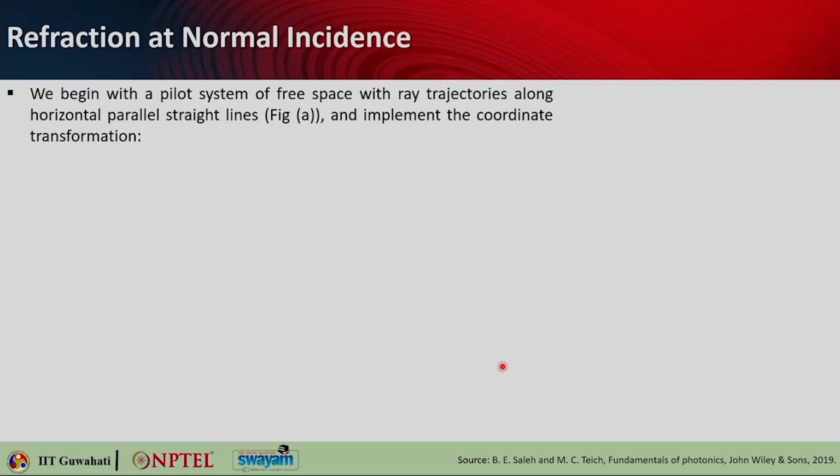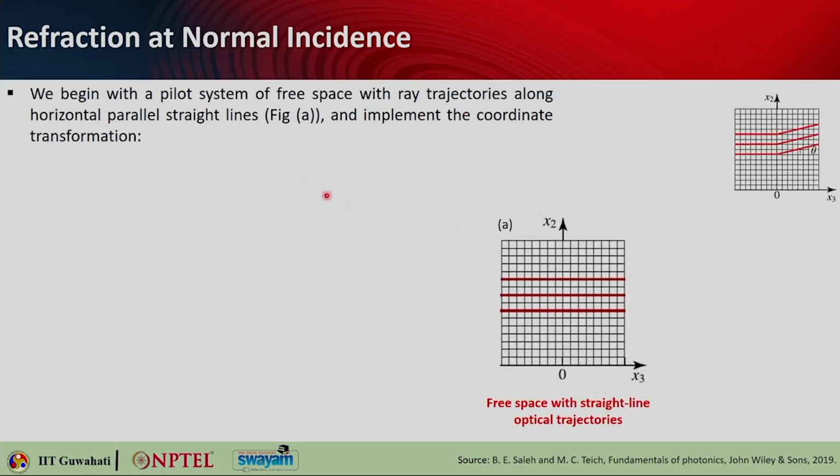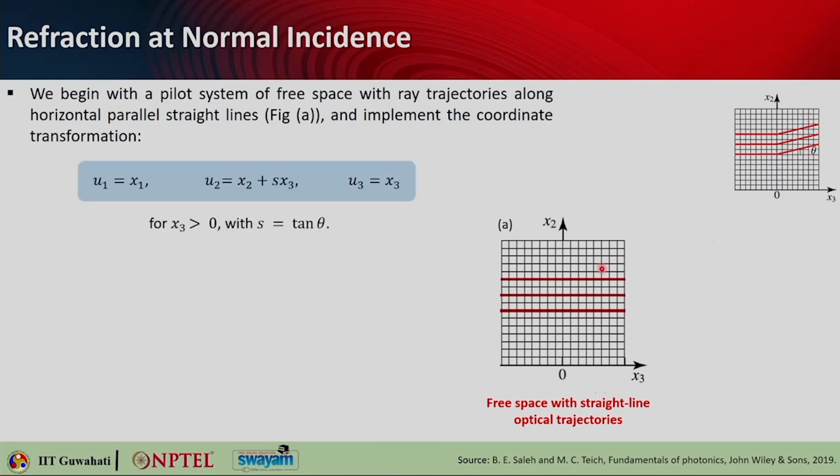We will start with the same process, with a pilot system of free space, where the ray trajectories are along horizontal parallel straight lines, something like this, okay, and then we will try to implement the coordinate transformation. The right side is basically free space, and that is where you are able to see these parallel straight lines, but then you want them to bend at an angle theta.